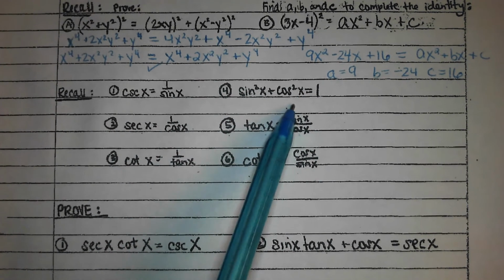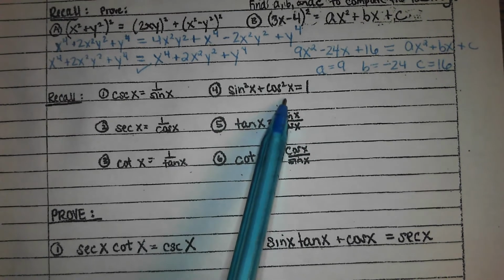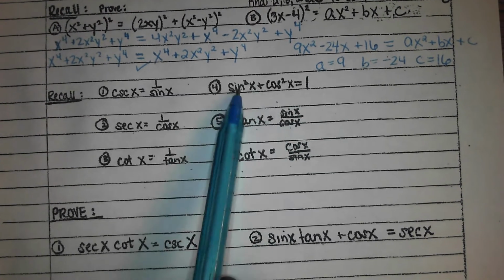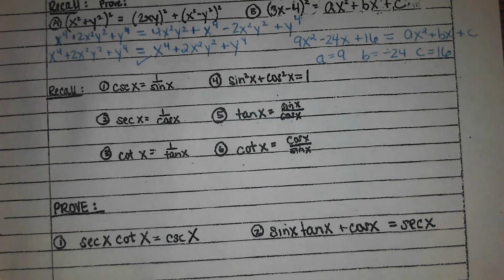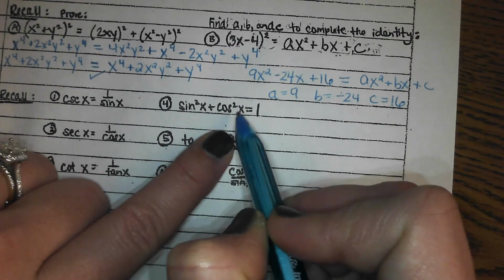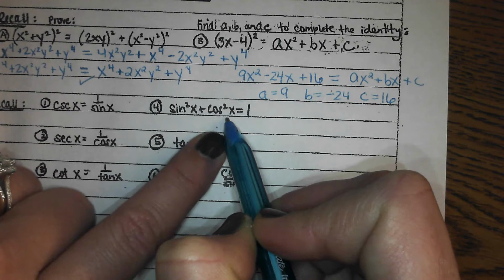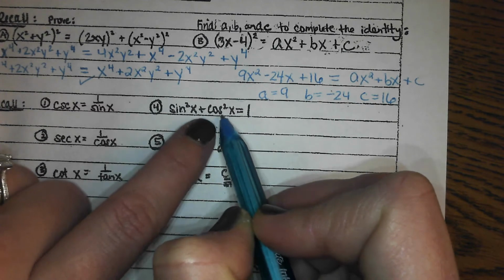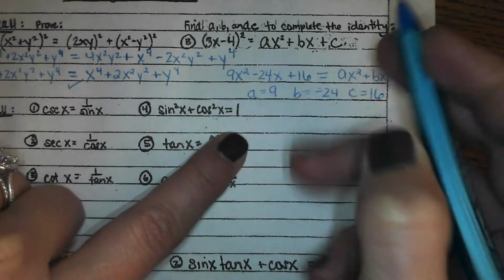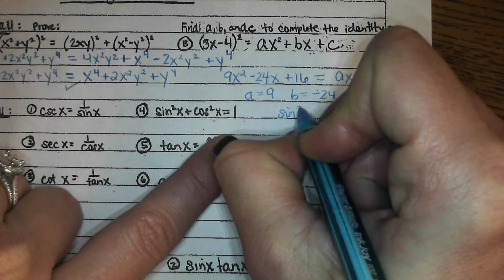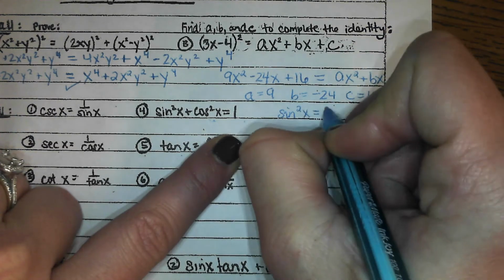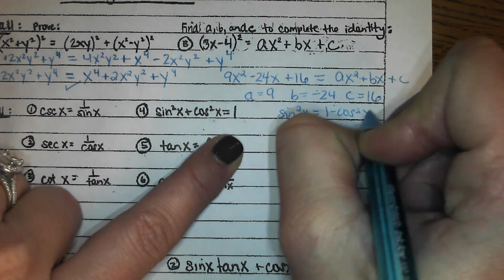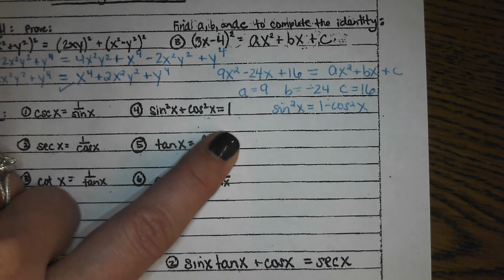The last and final one is our Pythagorean identity from the other day. Sine squared plus cosine squared is equivalent to 1. And if necessary, we may have to rearrange this. Meaning, if you subtracted cosine squared from both sides, that would leave you with the sine squared of x equaling 1 minus cosine squared x.